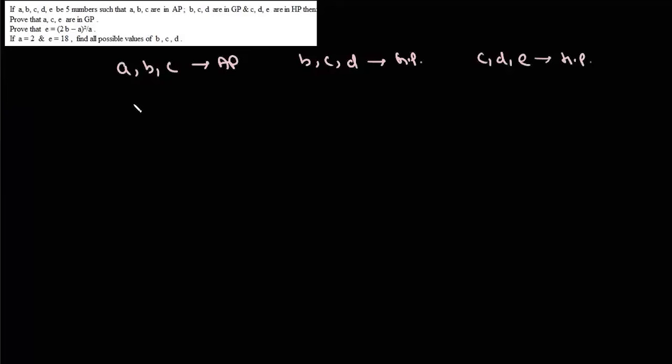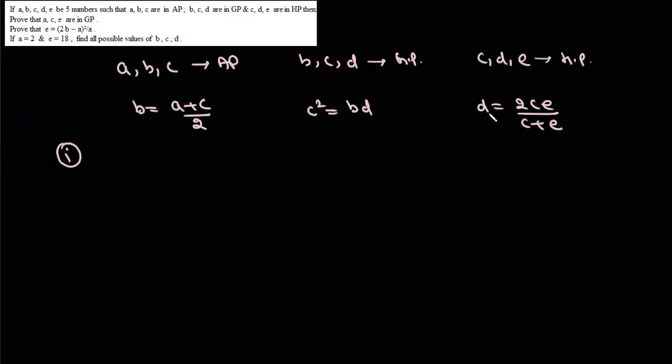Now the condition of an AP is b equals a plus c by 2. Here c square will be equal to b into d, and here d is equal to 2ce upon c plus e. Now first we have to prove that a, c and e are in GP. So for this first one, we have to relate a, c and e.